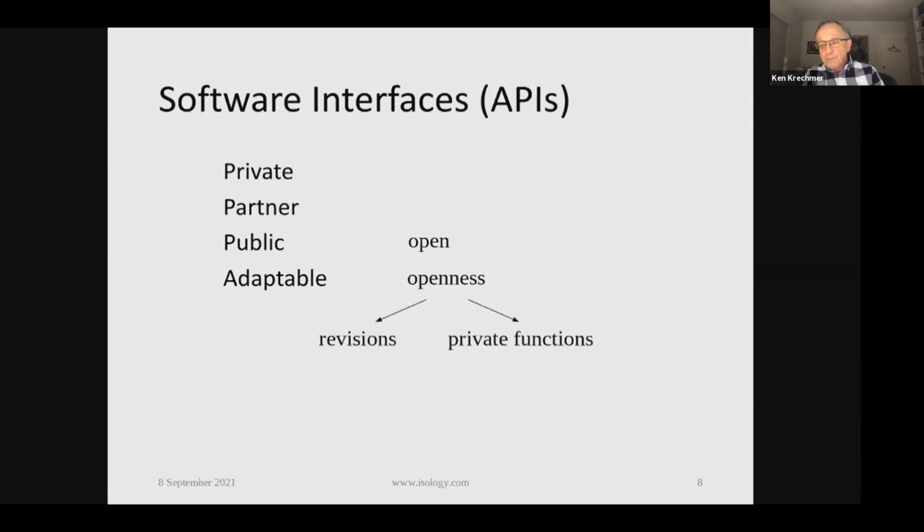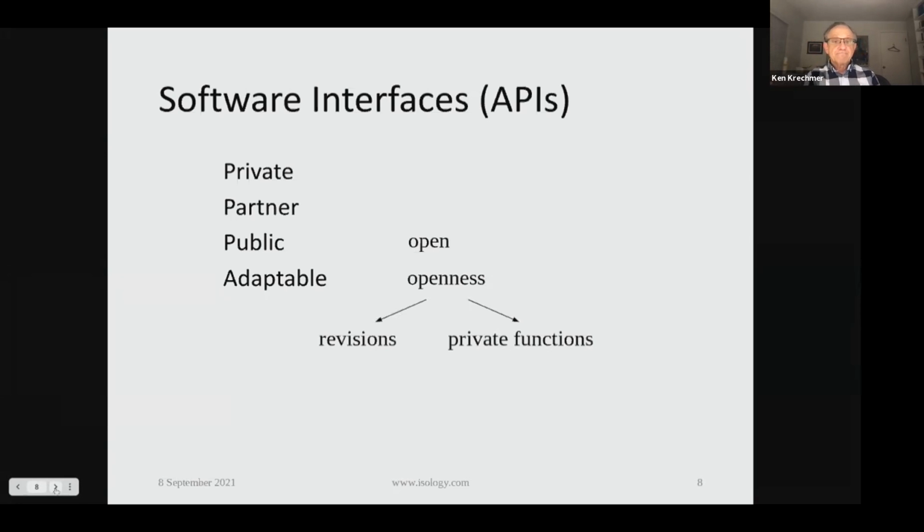So I'm basically proposing that logical construction return to adaptable interfaces which need to be backward and forward compatible. So two different thoughts. One is how to maintain an interface backward and forward compatible, and two is how to provide private functions for profit of private organizations.